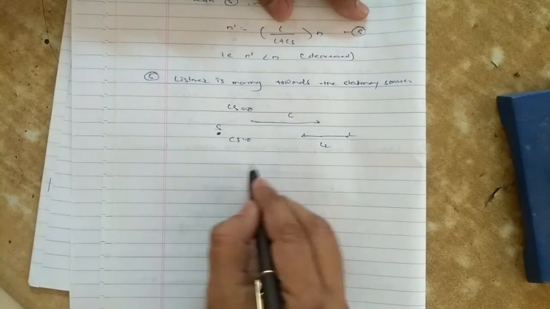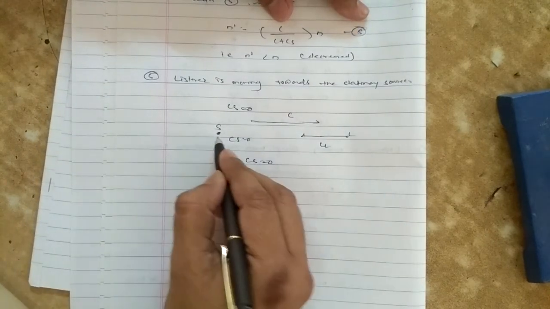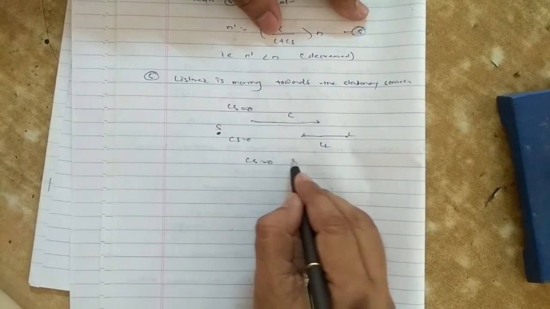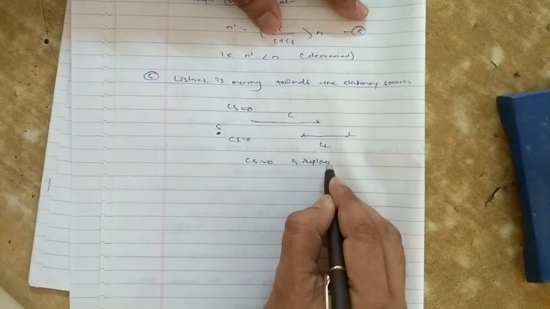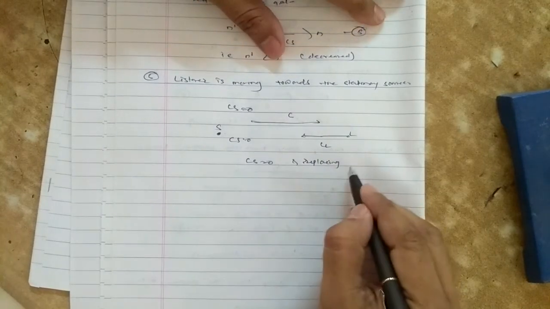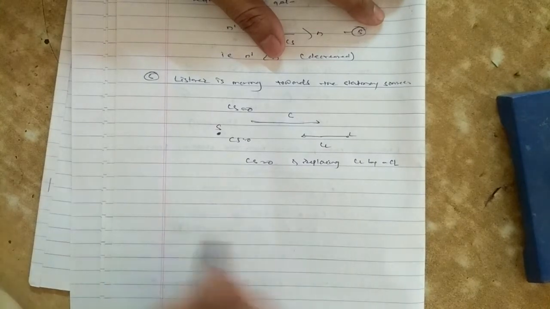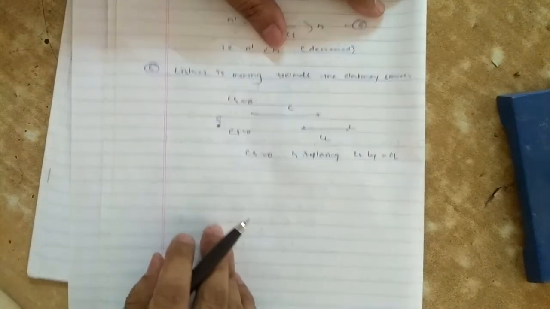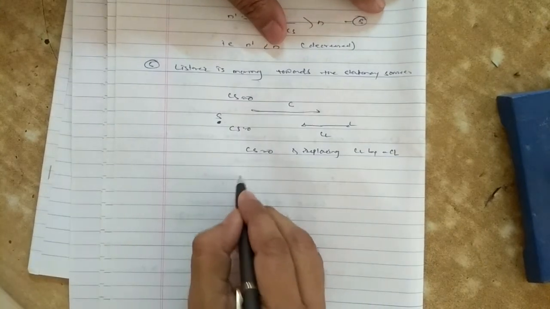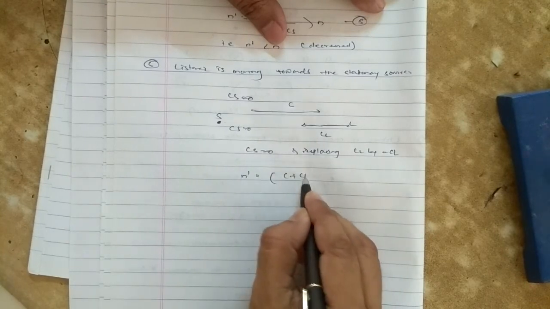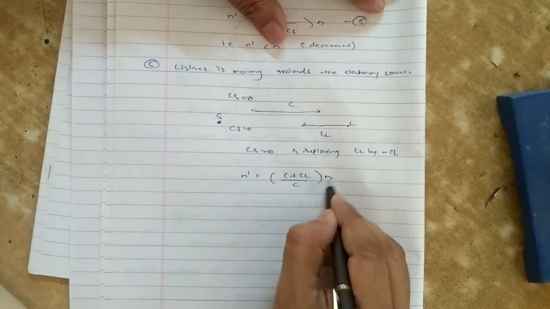Therefore, Cs is equal to 0 because the source is stationary, and replacing Cl by minus Cl because of opposite direction, n prime is equal to (C plus Cl) upon C into n.